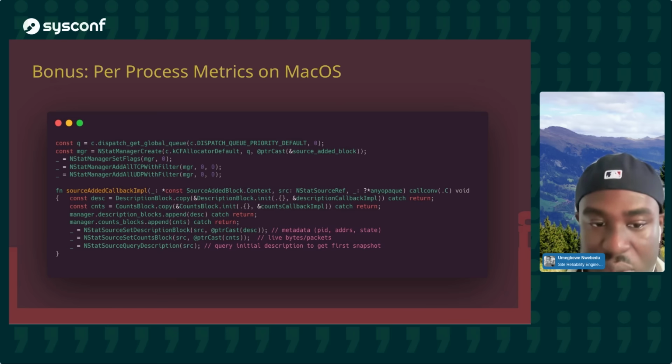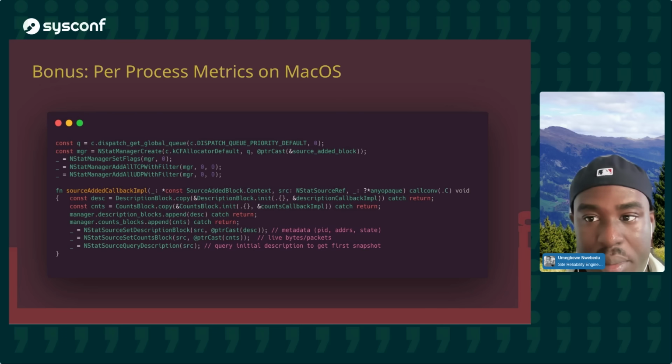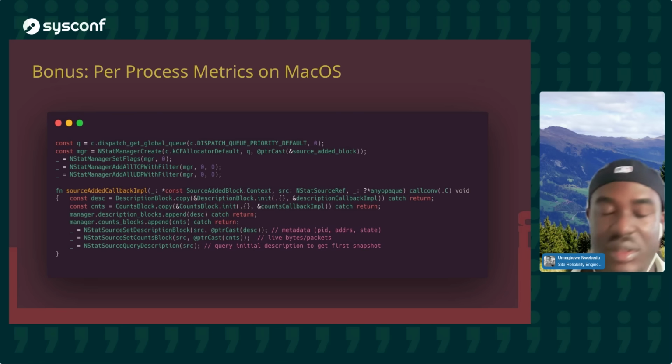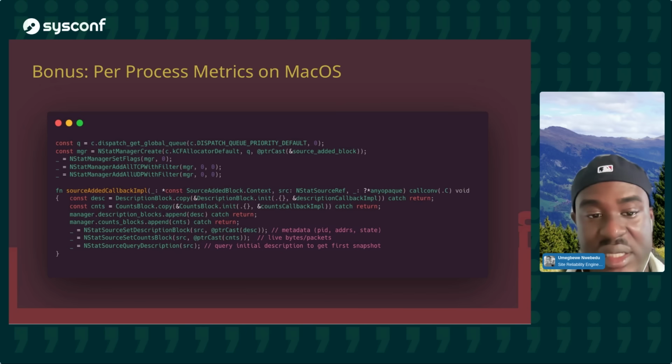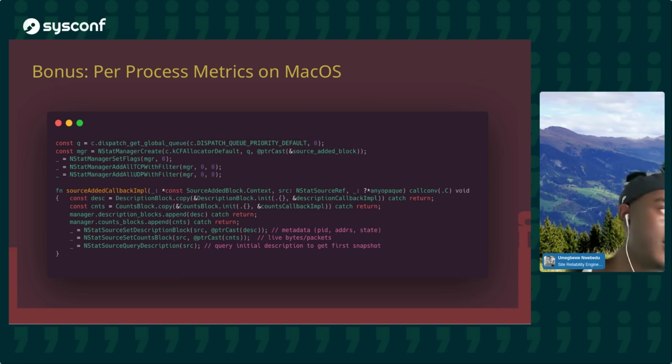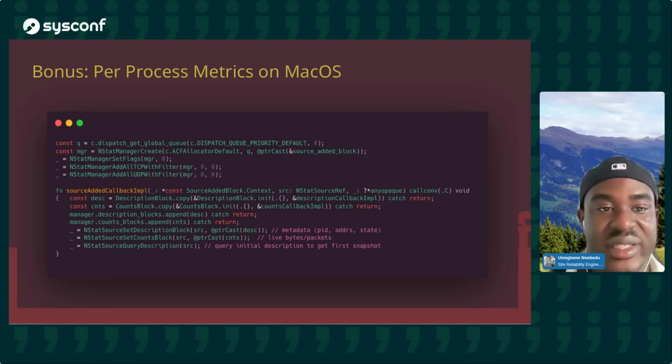Then for the counts block, you can get the live packets, the live bytes transmitted and received, and the same for packets. Then for query description, it's not so necessary, but you could use it to seed your initial snapshot.